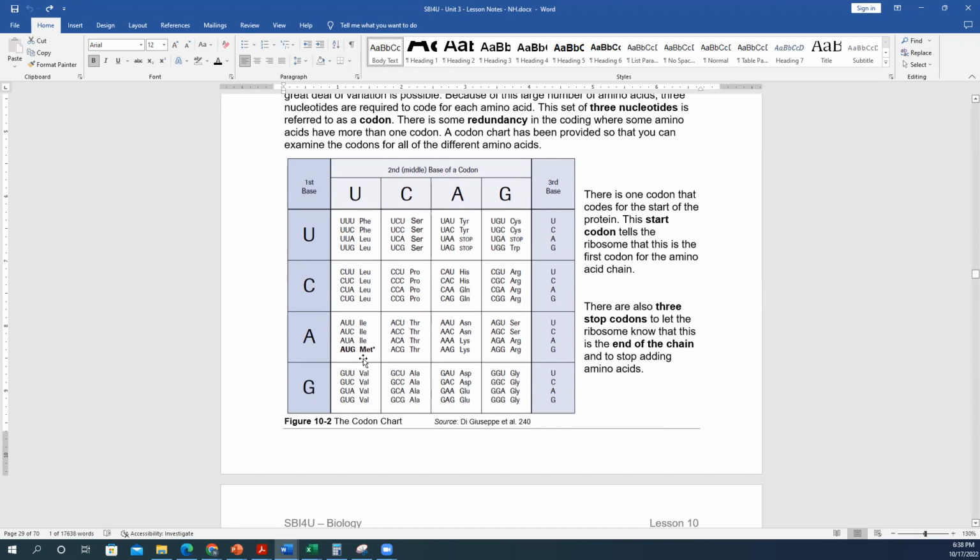All chains begin with AUG in the mRNA, and it has a MET as the first amino acid, a methionine. And as far as the end of the amino acid chains, there are actually 3 possible stops. So this is one, and here are the other 2. There are 3 possible codons to let the ribosome know that this is the end of the chain, and to stop adding amino acids after this point.